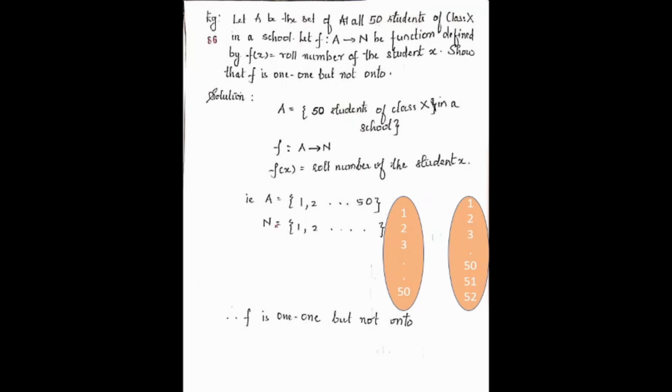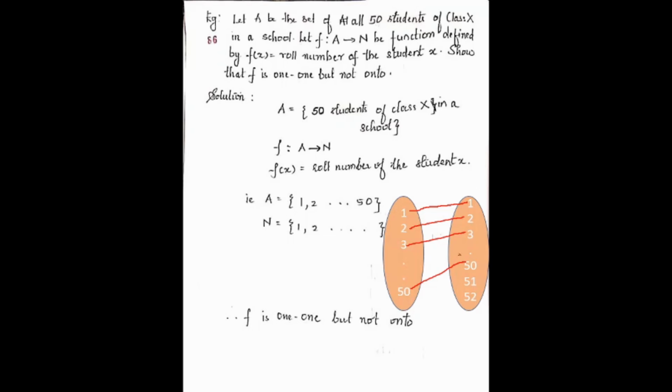Do you have any doubt? No. So let us see how it is one-one and not onto. Roll number 1 goes to the first student, roll number 2 to the second, 3, and likewise 4, then 50. Do we have from set A any image for 51?